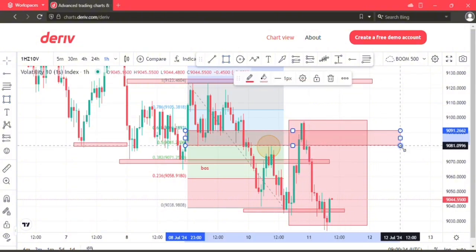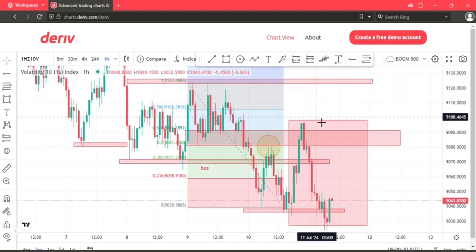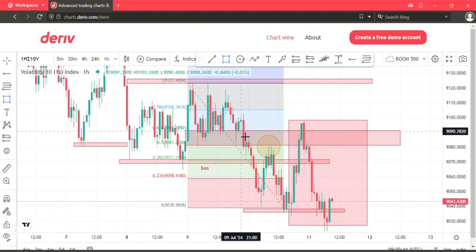So after getting our golden zone right here, I told you guys that within 0.18 and 0.5, you are going to identify something called your fair value gap. If you know how to identify your fair value gap, you will know this is your fair value gap right here.